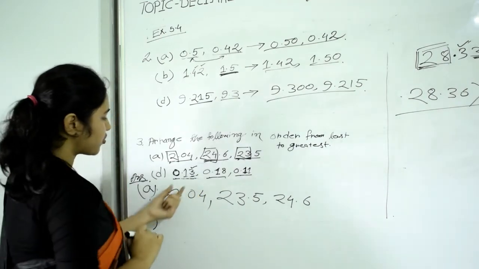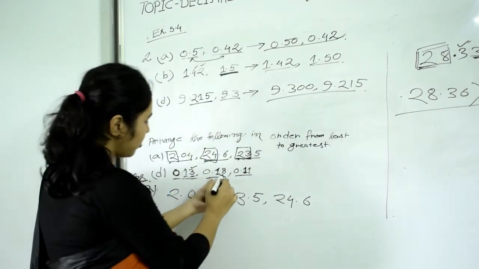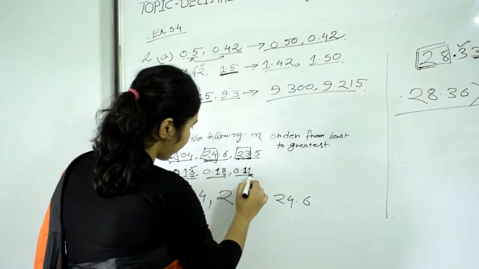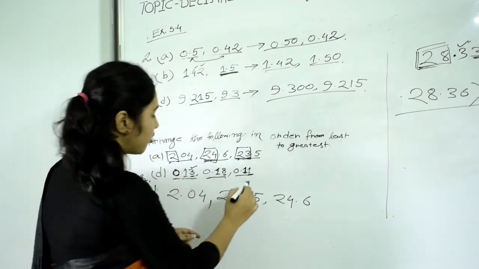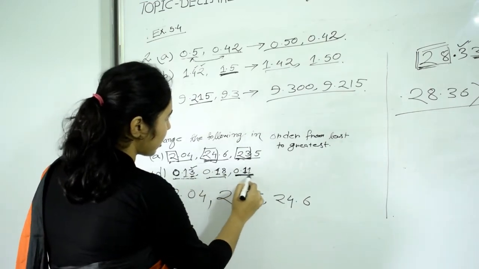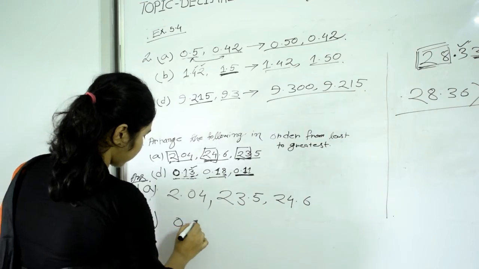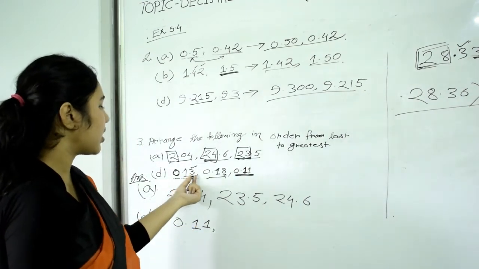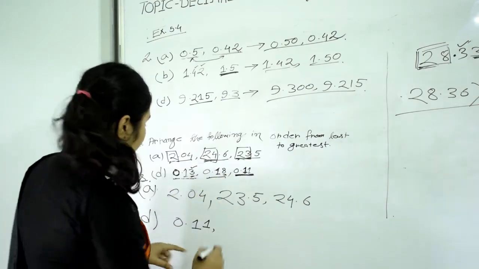Here we have 3 in the 100th place, here we have 8, but here we have 1, and 1 is less than 3 and 8. Which means this is our least number. So write 0.11 first. Next 3 is less than 8, right?